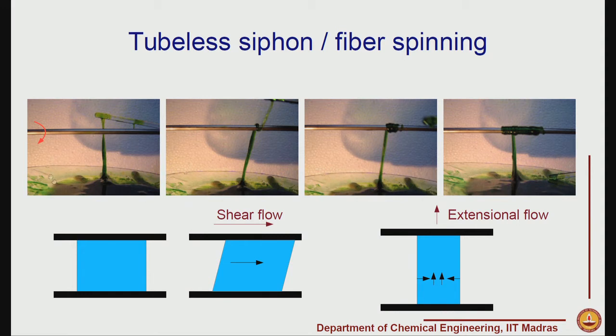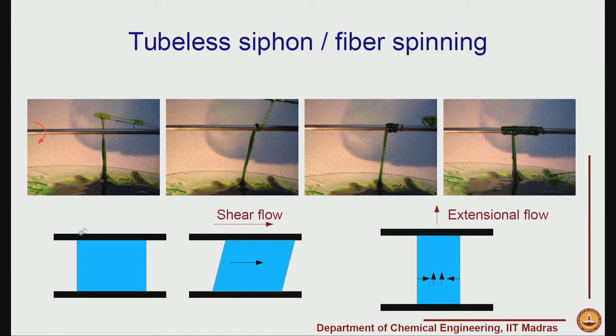This green fluid here is basically a polyacrylamide solution in which I can dip a rod, and when I pull the rod I can pull a fiber out, and if I now put that fiber on a rod which is rotating, the fiber starts rotating, and this is how fiber spinning is actually done. We basically extrude the fluid from a small opening, and then we take it up on a roller and roll it, and during this process we stretch the fluid filament.